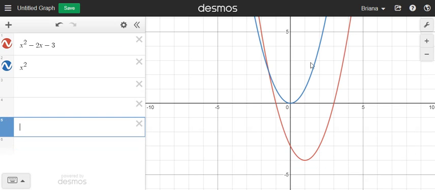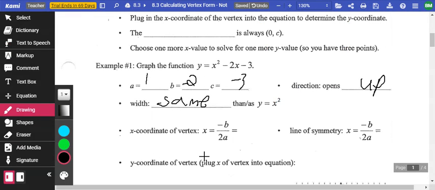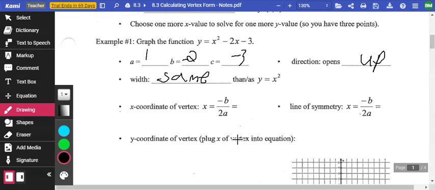So it looks similar. See, the x coordinate of the vertex, x equals -b over 2a. So we're going to take -b, which is 2, over 2 times a, which is 1, and we're going to get 1.